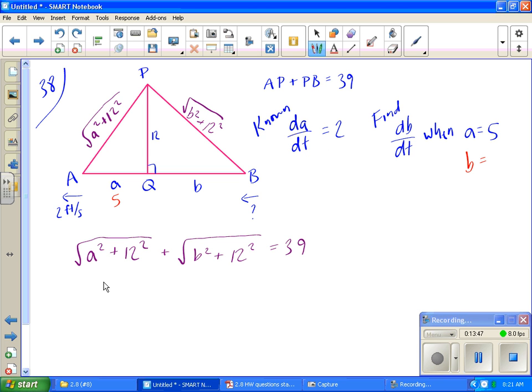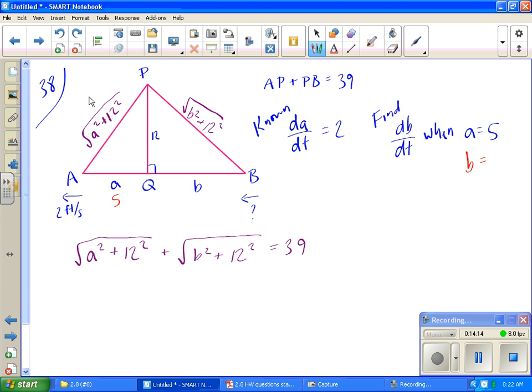So A and B are the two variables that are in here. Do you see that? And I know A, and I can find B, right? So it should work out. Now, it's going to be kind of ugly, but am I going to end up with anything except for numbers, dA dt, and dB dt, and A and B? No, right? So I should have everything that I need in this equation.